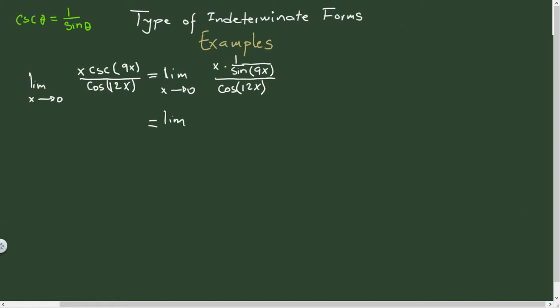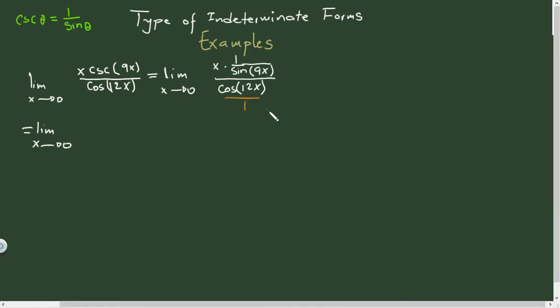Let me move it a little backward to have some more space. This is equal to the limit as x goes to 0 of a division: x over the sine of 9x, and cosine of 12x over 1.